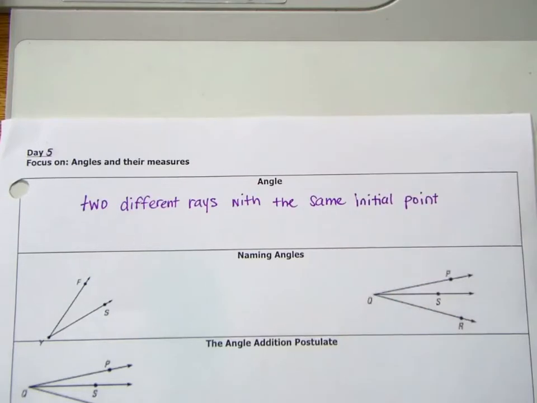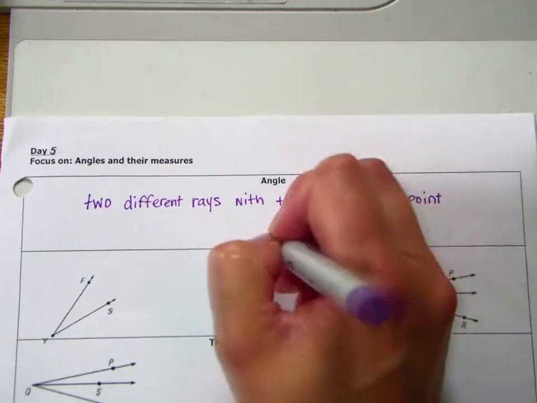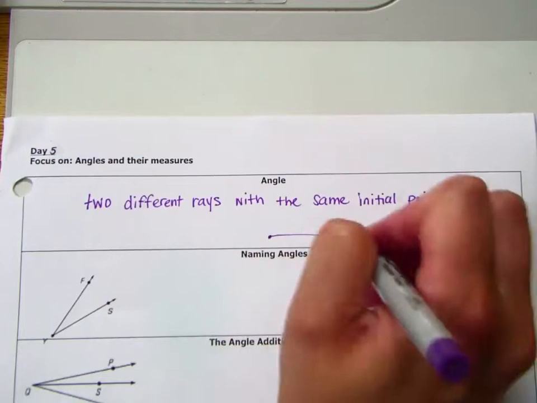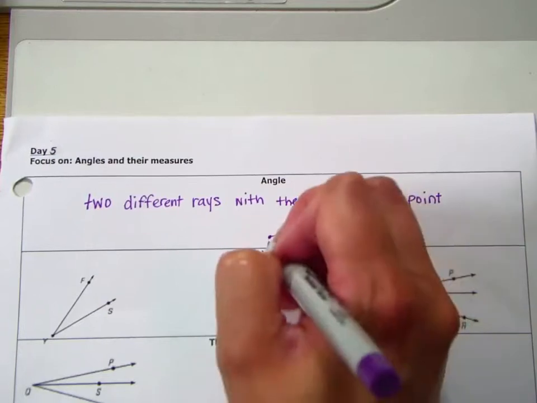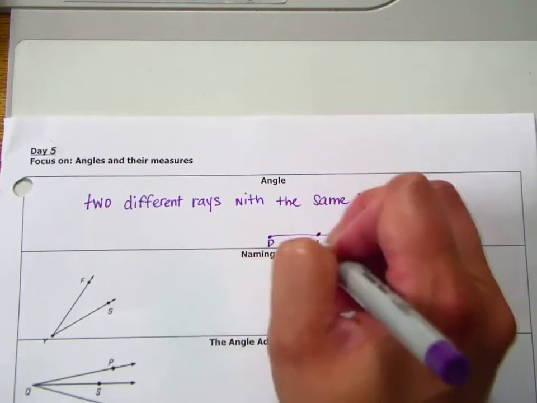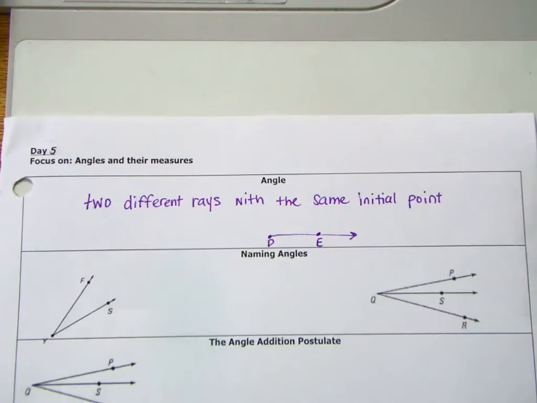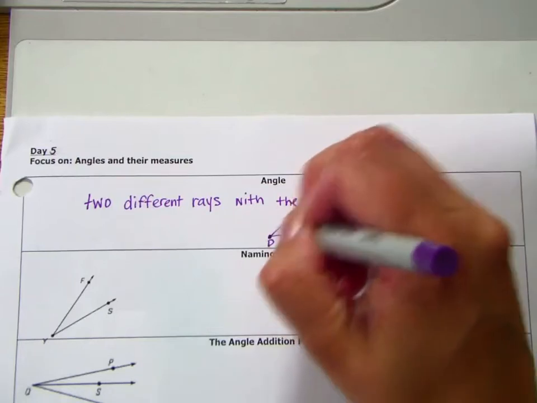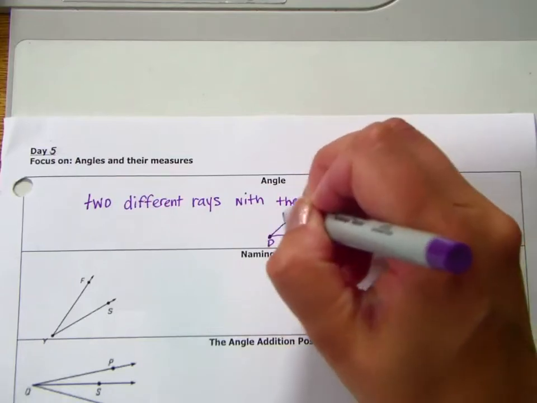So we have defined what a ray is. So here's the initial point of one. Let's draw our ray. Let's say that this is ray DE. And then from that same initial point, we have another ray. Let's call that DF.